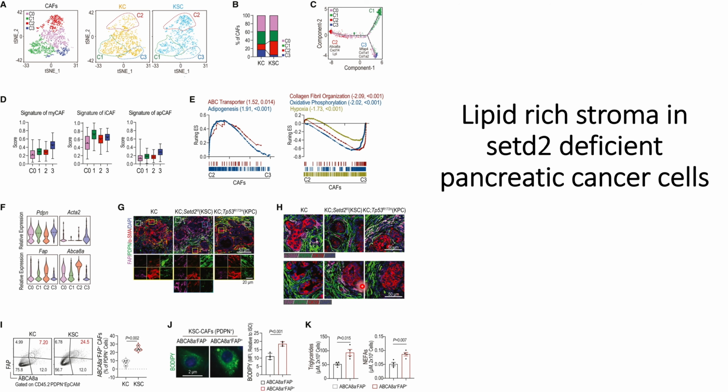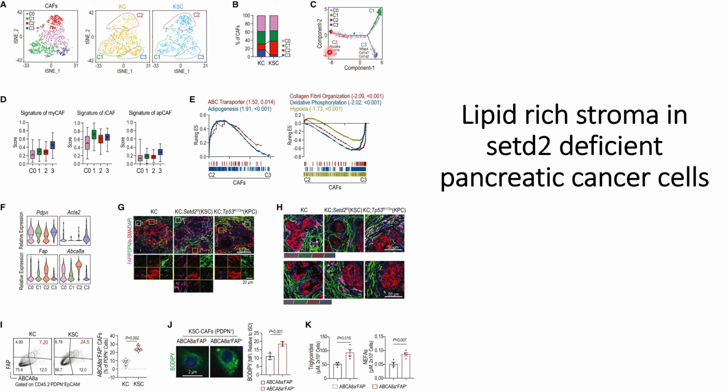So this indicates that FAP could be the marker for the lipid-rich stroma. As FAP is expressed by the C2 cluster, and the C2 cluster has upregulated genes that result in high adipogenesis pathways and ABC transporters, these are indications of a lipid-rich environment.